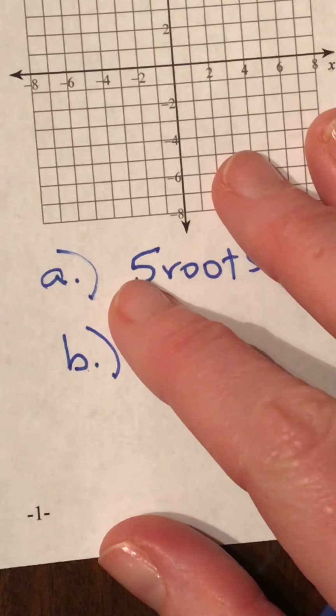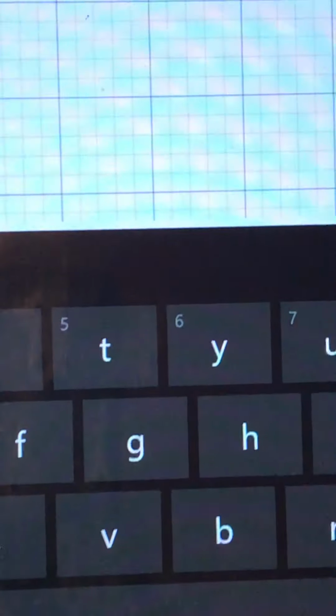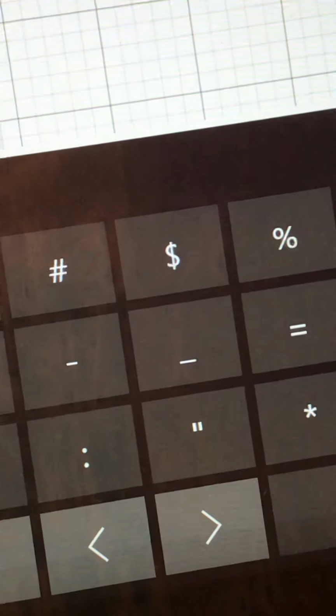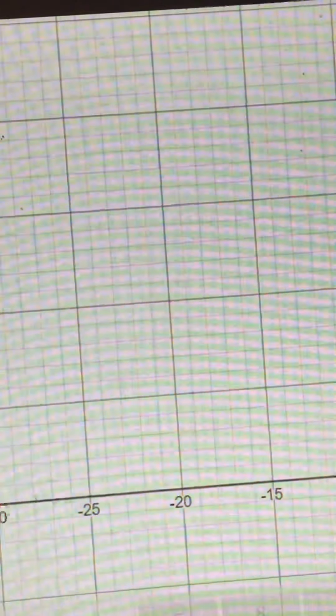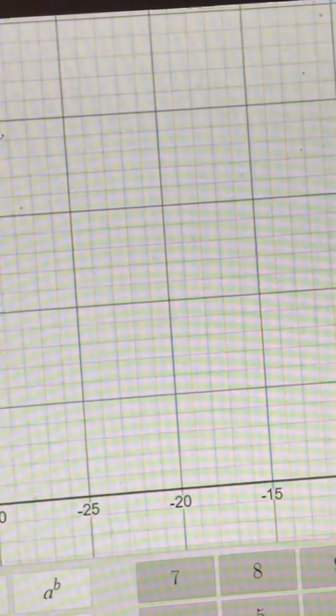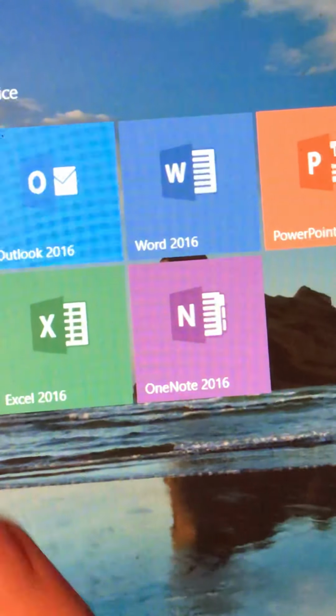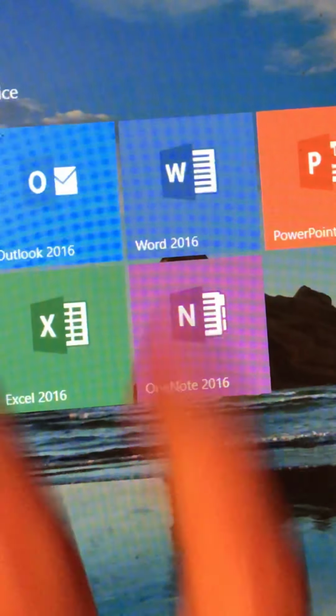So let's sketch this one here. Back to our graph.